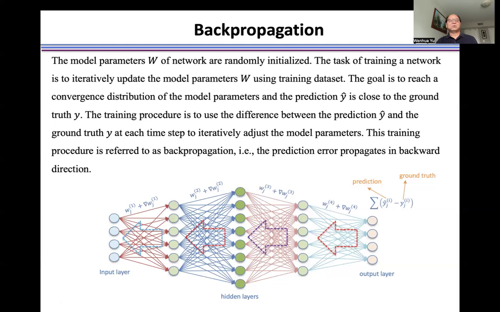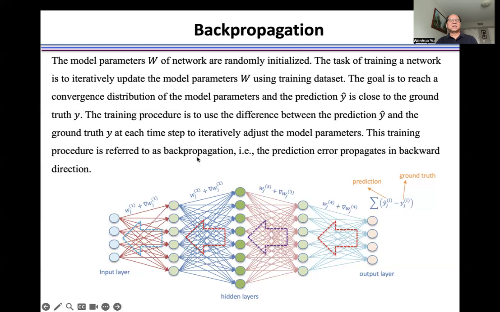The goal is to reach a convergence distribution of the model parameters, and the prediction y hat is close to the ground truth y. The training procedure is to use the difference between the prediction and the ground truth in each time step to iteratively adjust the model parameters.